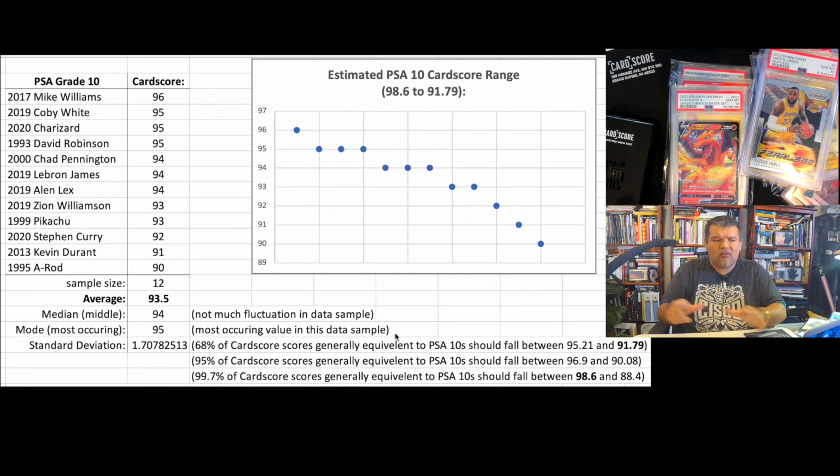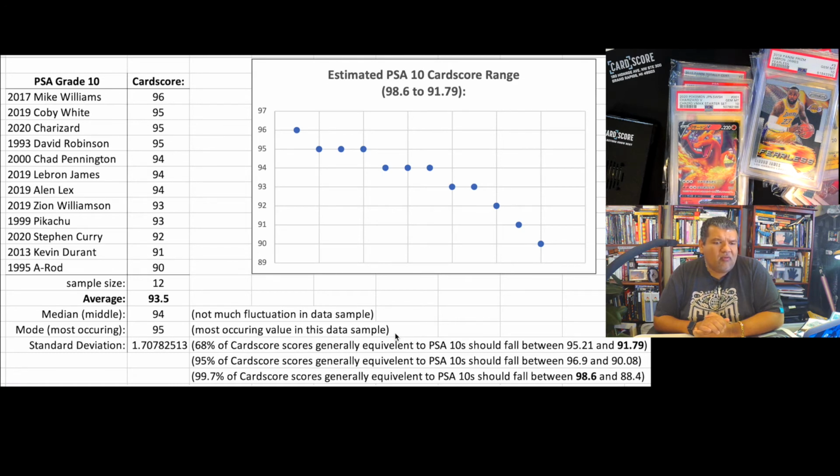If we look at two standard deviations, we get 96.9 and 90.08. Looking at three standard deviations, which is where 99.7% of the data should fall if we're extrapolating out, the high value is 98.6 and the low value is 88.4.